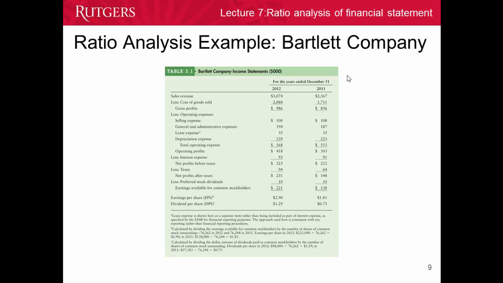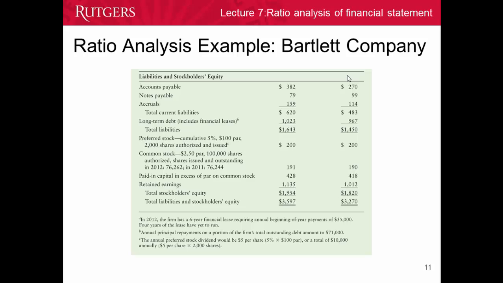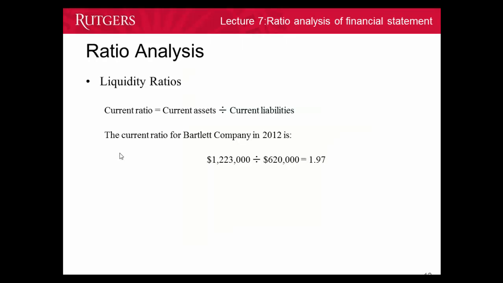Then let's use an example of Bartlett Company to show the calculations of several different ratios. So here is the income statement of Bartlett Company, followed by the balance sheet of Bartlett Company. We are going to use numbers in these two financial statements to calculate ratios. The first group of ratios are called liquidity ratios.